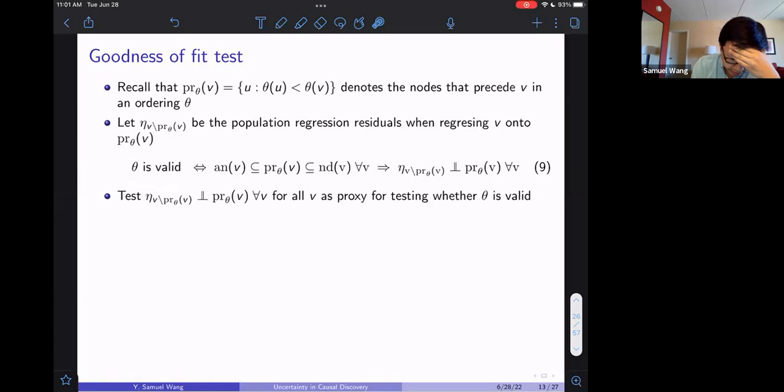In particular, we're going to test whether the residuals are independent of the predecessors for all V, and we're going to use this as a proxy for testing whether theta is a valid causal ordering.